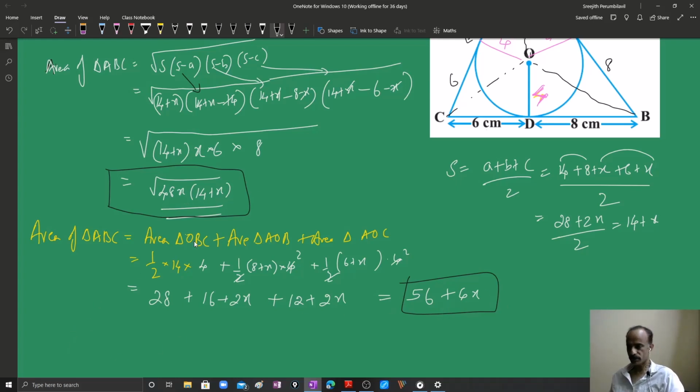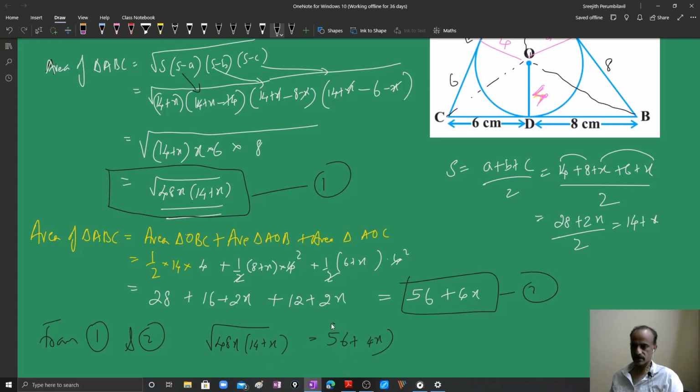But what do you conclude from this? This is 1 and 2. From 1 and 2, we have that root of 48X into 14 plus X is equal to 56 plus 4X.